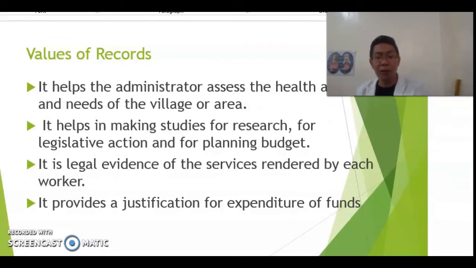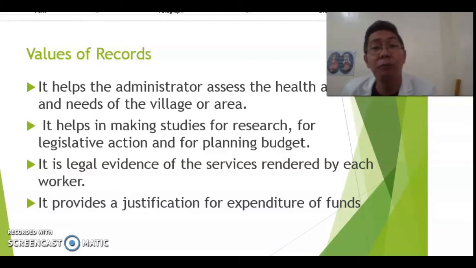Of course, from the perspective of administrators, they can assess the health assets and needs of the village or area, because you're going to tell the administrators of the certain community what has been found, what has been the results of what you have done.